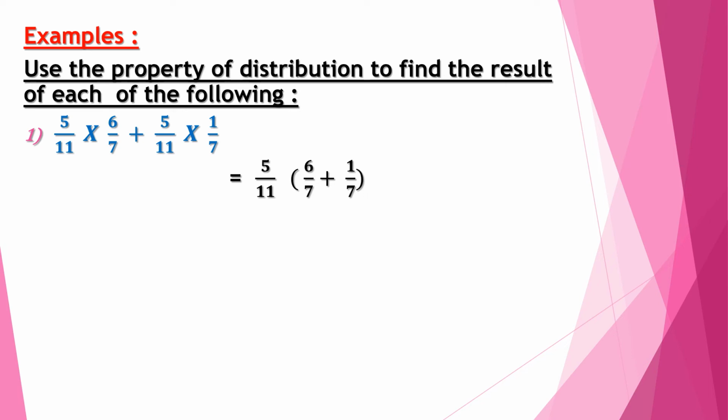To get the answer, 5 over 11 times 7 over 7, which is equal to 5 over 11 times 1, equal to 5 over 11, because 1 is the neutral. Multiplying 1 by any number, we get the same number.